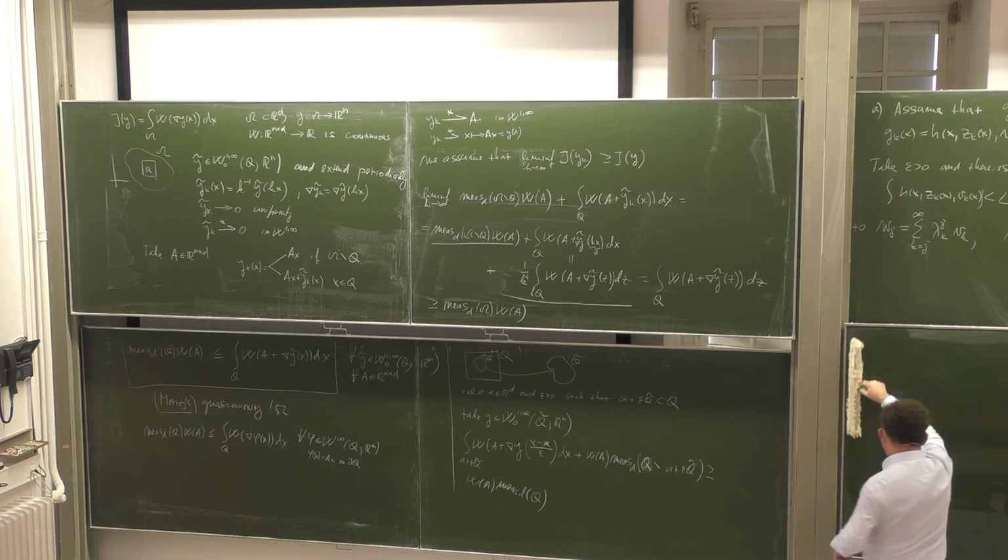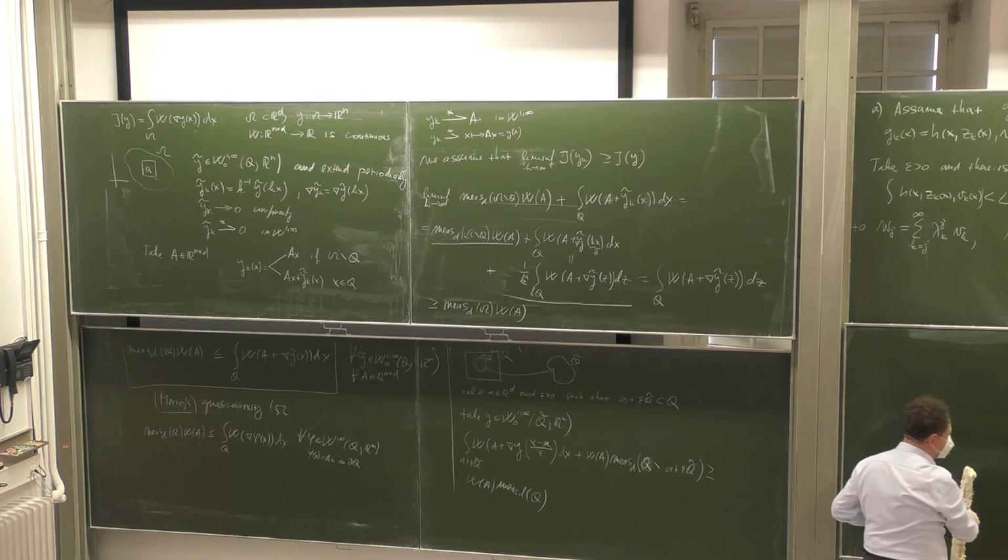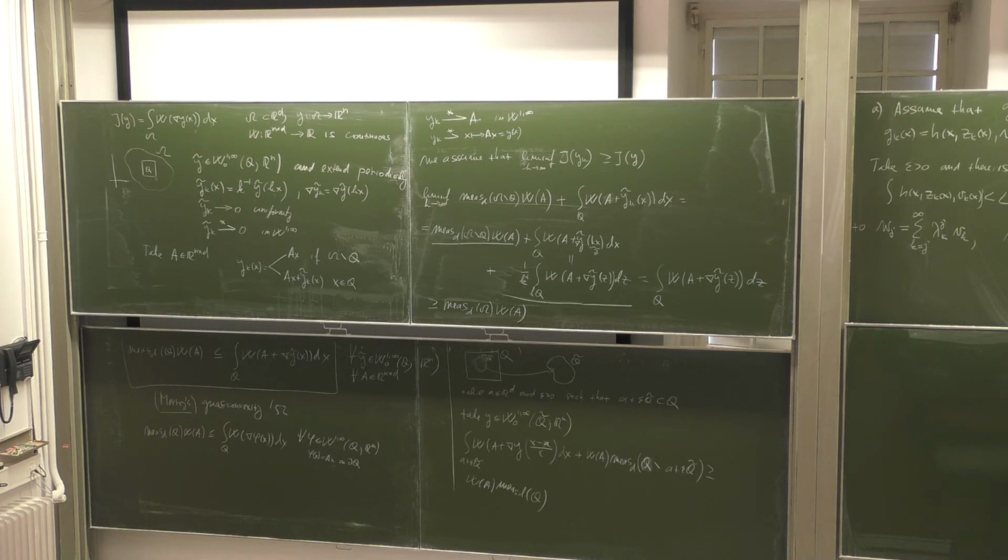If you had a general matrix there instead of a gradient, then it would be convexity. But now we have special fields, namely curl-free fields, gradients. And this makes a difference to convexity.